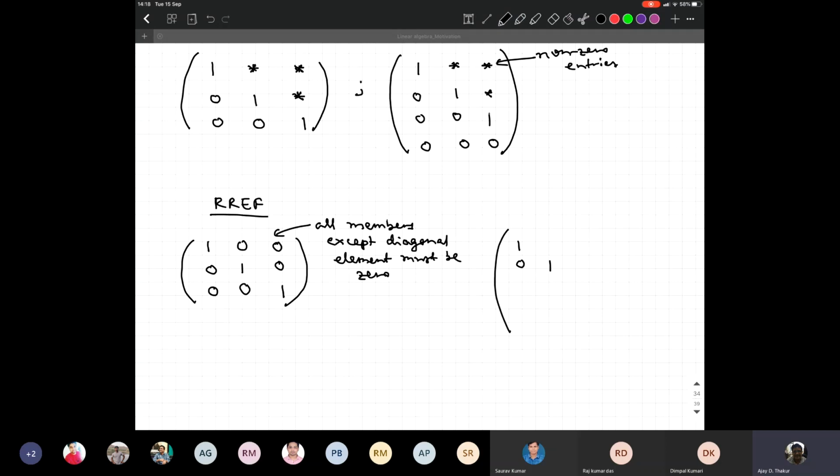Once the first member is 1, I can even have a non-zero member here and a 0 later on. In that case these members are 0 and this could be 1.